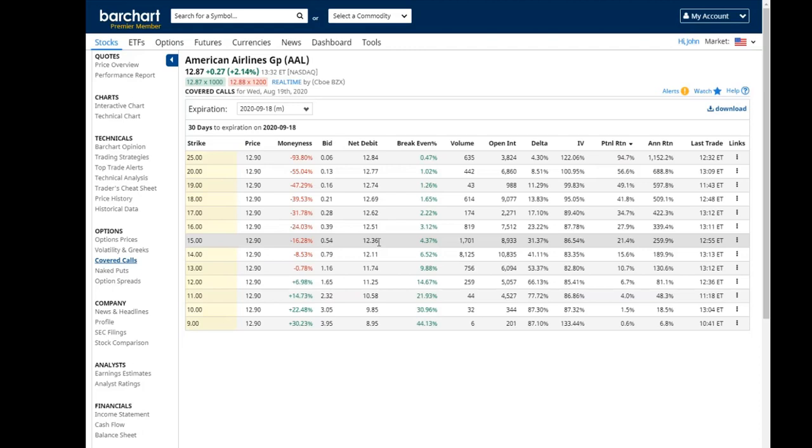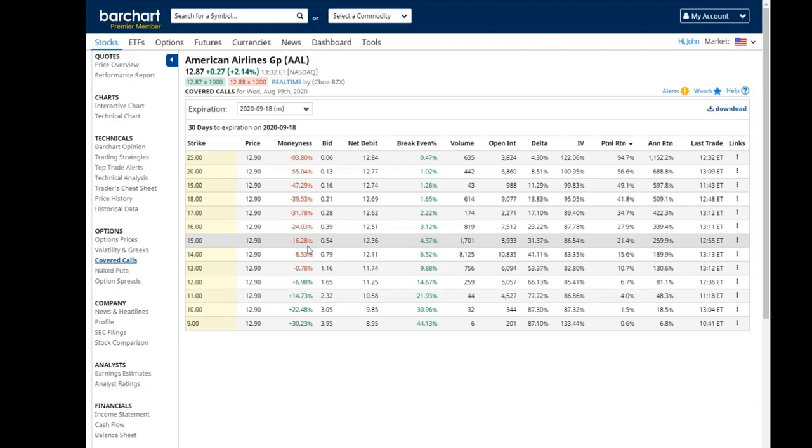So either one of these would work for me in terms of that math, all right? So how do we determine which one is more relevant to me? Well, again, we could go to our probability of how much does this stock need to appreciate during that 30 days.